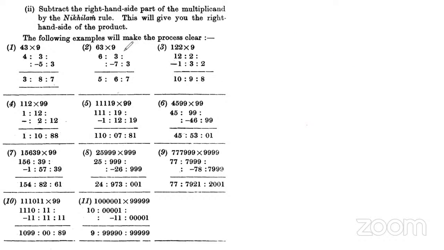Suppose 11119 into 99 is there. In this case, first we have to select two nines. For these two nines, we have to write the complements. That is the reason he writes here, and you just write the complement.